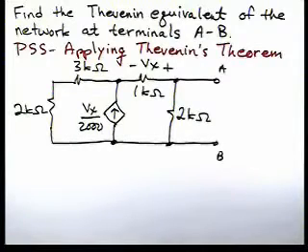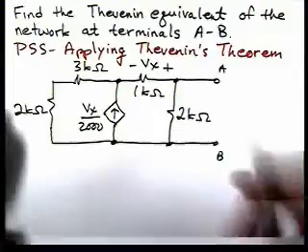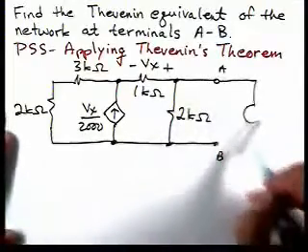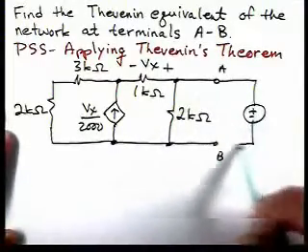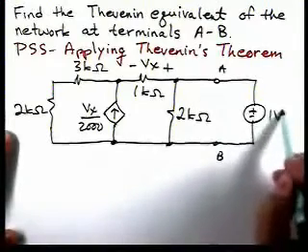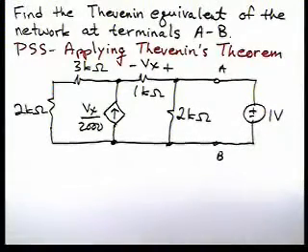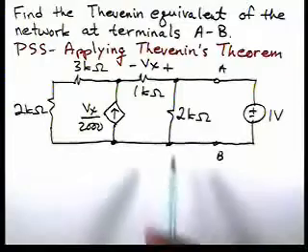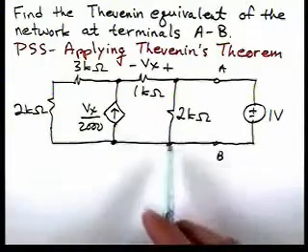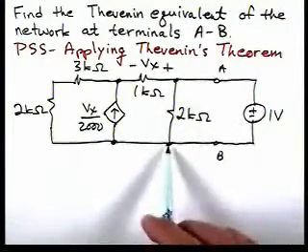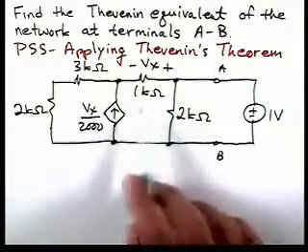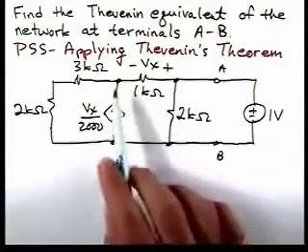So here's our circuit. And we've got a choice of hooking up a voltage source or a current source. I'm going to select to hook up a voltage source of 1 volt. And you say, well, why a voltage source? Well, this circuit has 3 nodes. If I pick this as a reference, I have 2 node voltages, and one of them is known, so I'd only have one unknown node voltage.